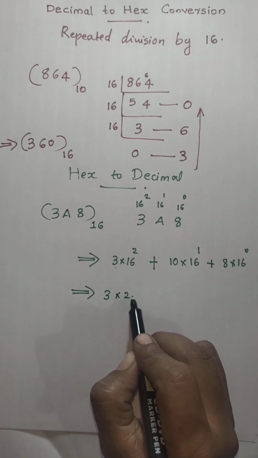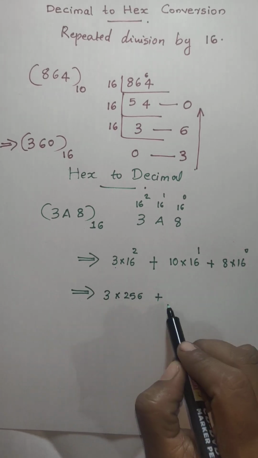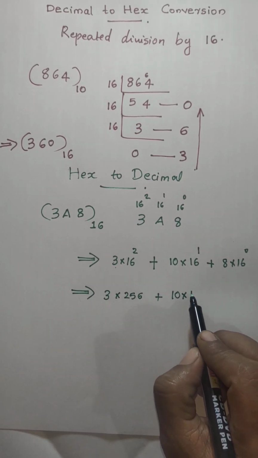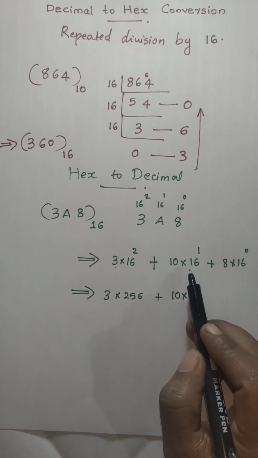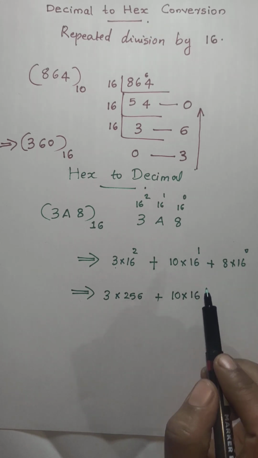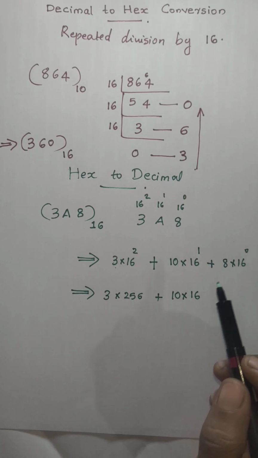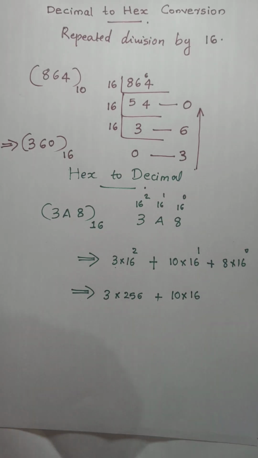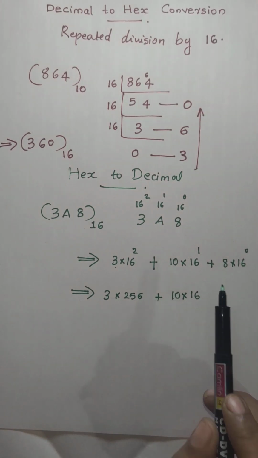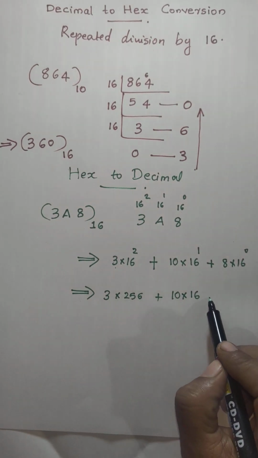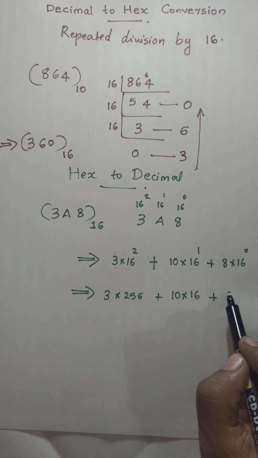So 3 into 256, plus 10 into 16 raised to 1, that is 16. You know, n raised to 1 becomes n, and when the power is 0, the result is 1. For any number, if the power is 0, the result will be 1. So 16 raised to 0 is 1, plus 8 into 1.